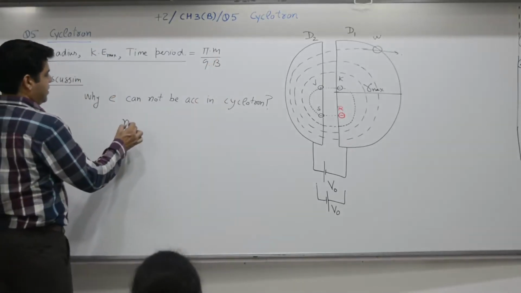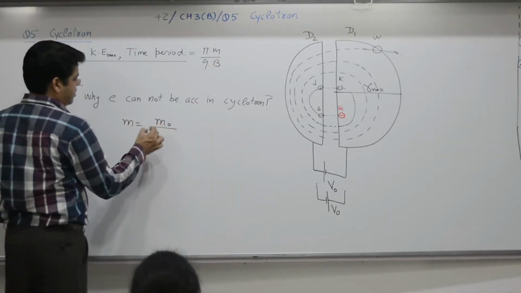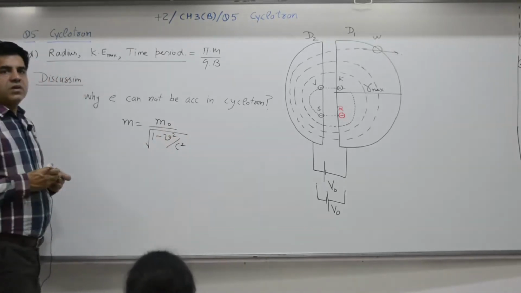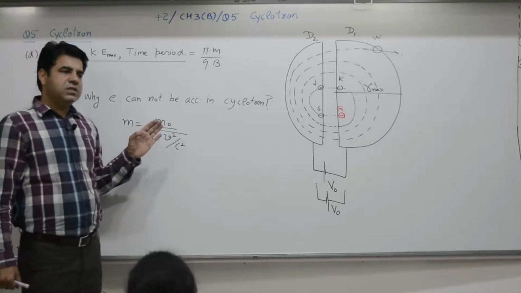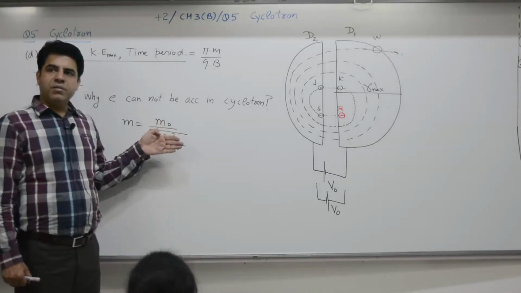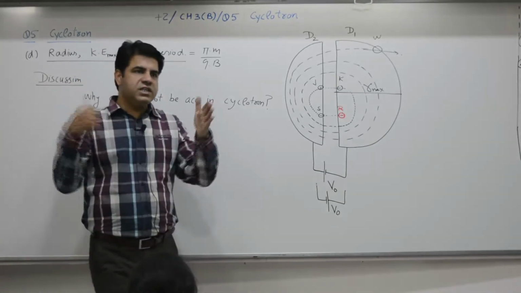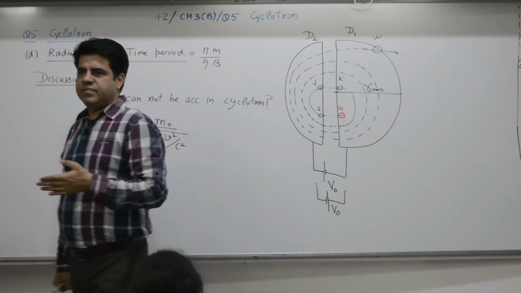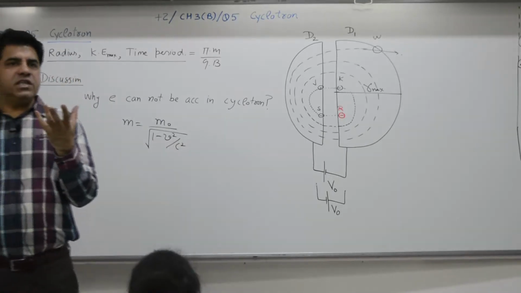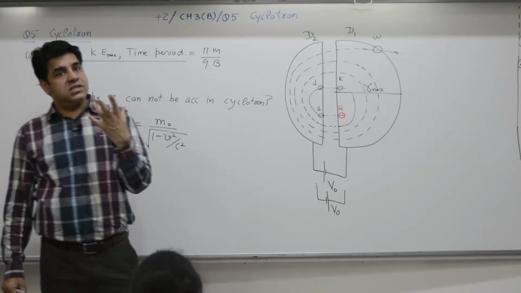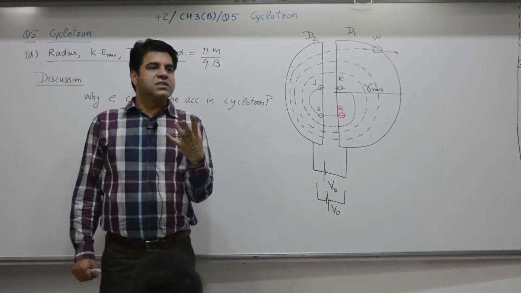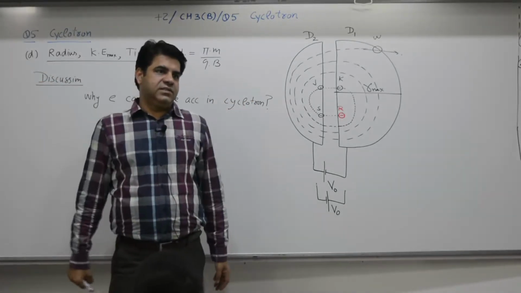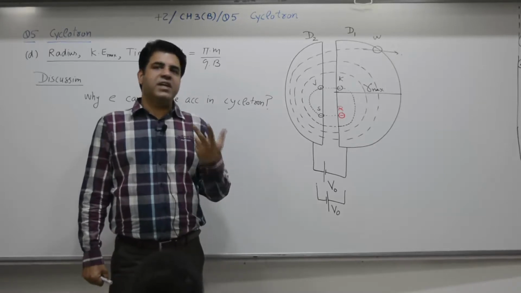How? M is equal to m naught divided by the square root of 1 minus v square by c square. Theory of relativity. When mass is at rest, it is m naught. But when mass is in motion, its effectiveness increases. One bird of a few kg is equivalent to quintals of mass when it hits a jet, because the speed is very high.